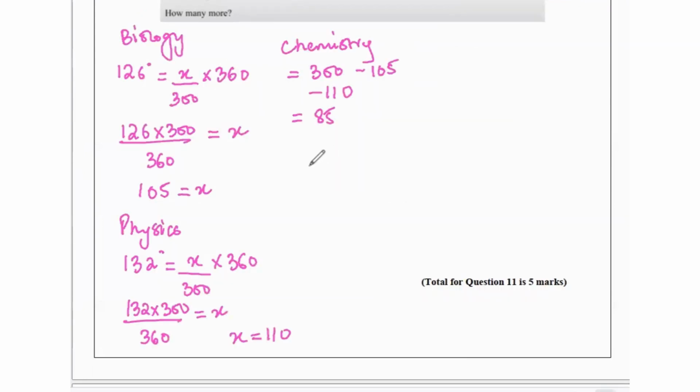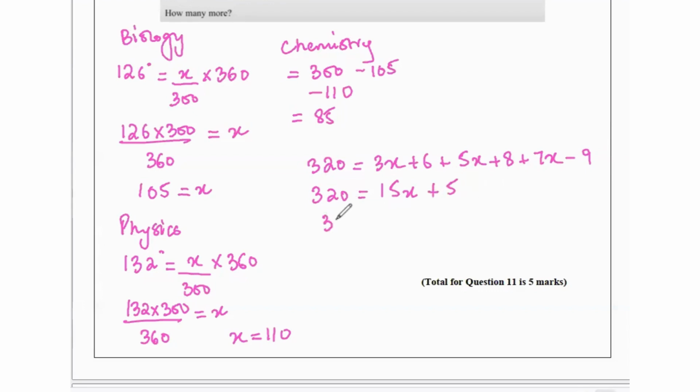So 320 is equal to 3x plus 6 plus 5x plus 8 plus 7x minus 9. 3x plus 5x is 8x plus 7x, so 15x. 6 plus 8 is 14. 14 minus 9 is 5. 320 minus 5 over 15 is going to give us the value of x, which is 21.